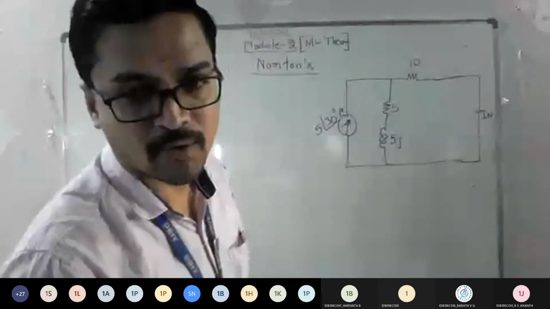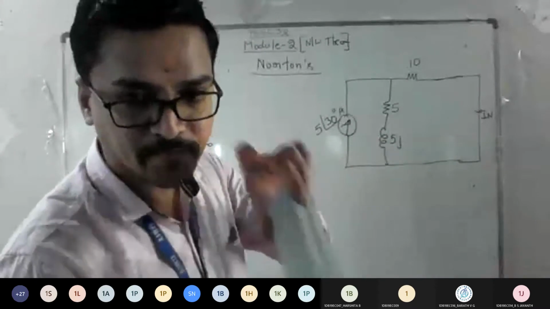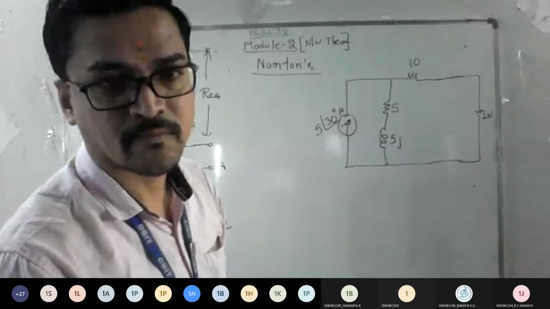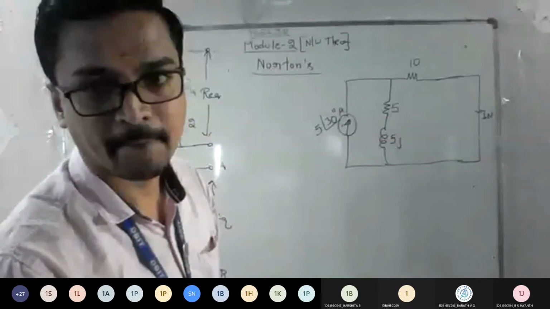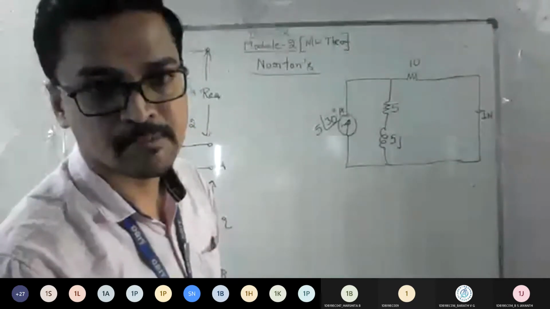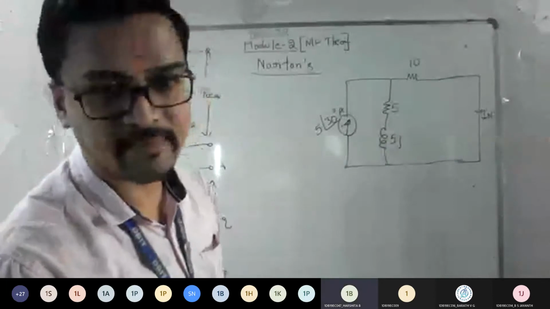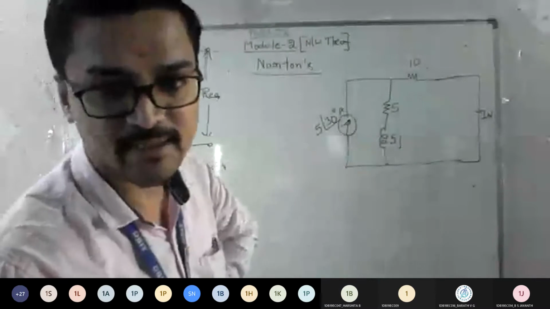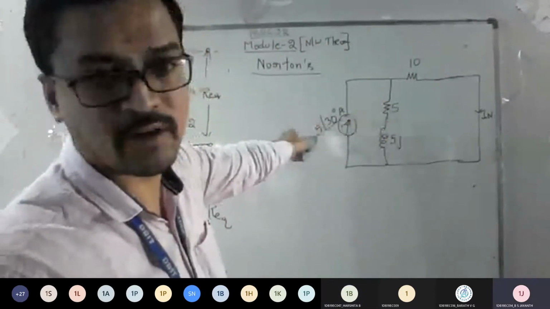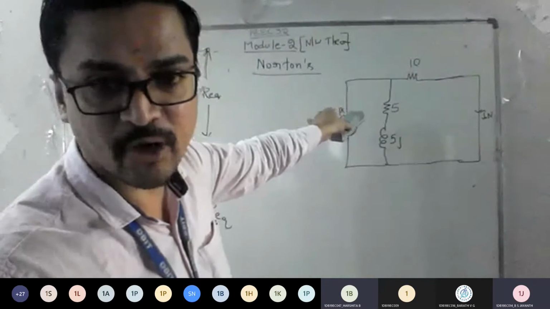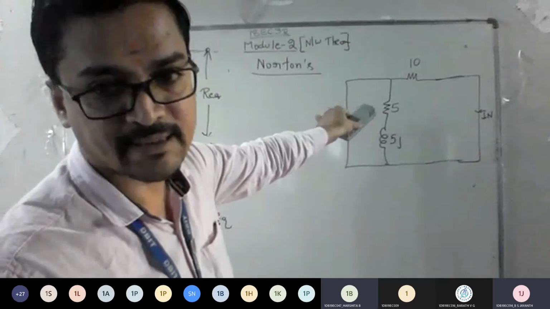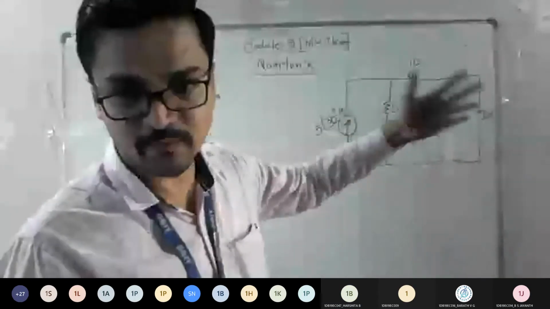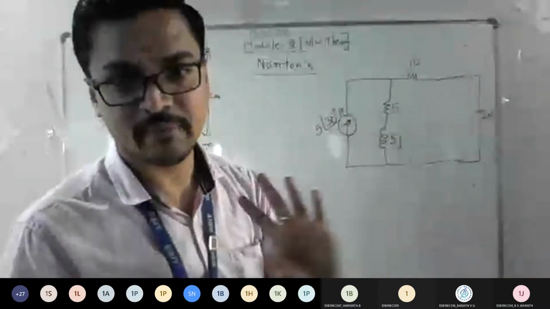So now tell me how many meshes you have. 2 meshes. Think and tell me. Do you want to apply mesh analysis, or can I straight away apply the branch current rule to get the answer? Because you have one main current and one branch current. Can I apply the branch current rule or not? Yes, sir. See, when you have more than one main current, you can apply mesh analysis.